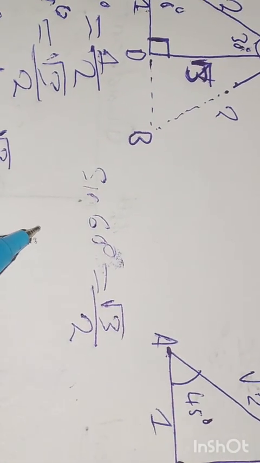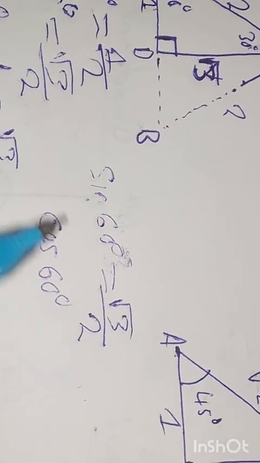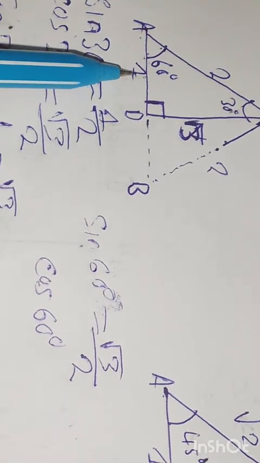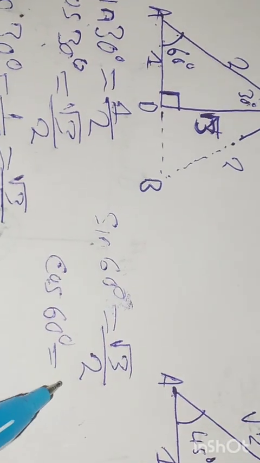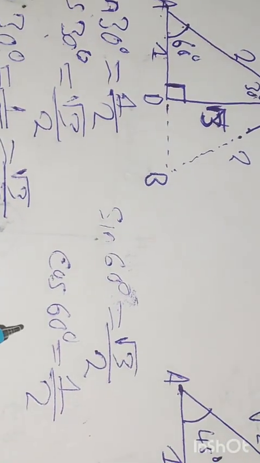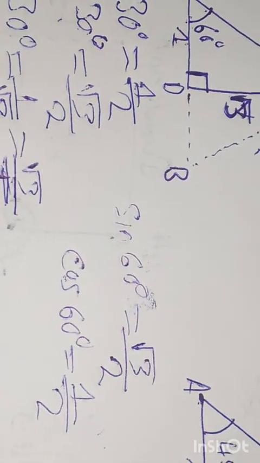Then we go to cos 60 degrees. Cos is adjacent over hypotenuse. The adjacent is 1 and the hypotenuse is 2. So cos 60 is half, 1 over 2, or 0.5. That's the answer for cos 60.